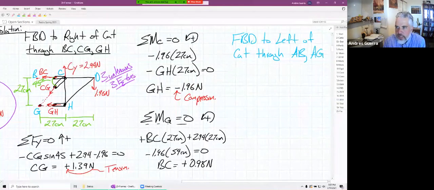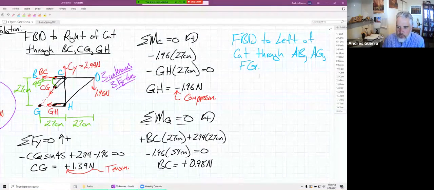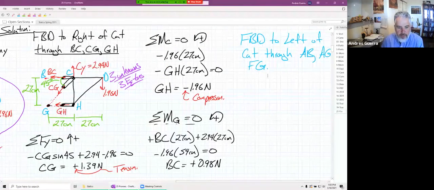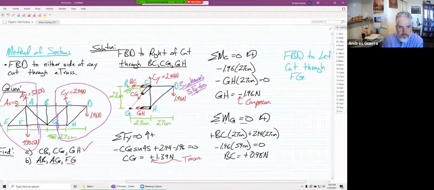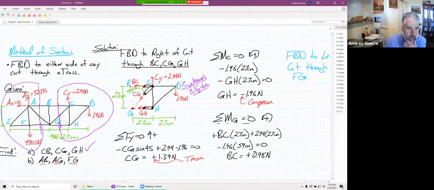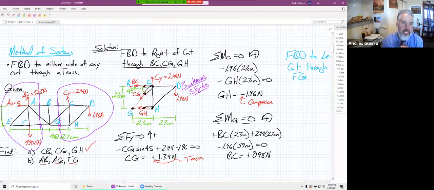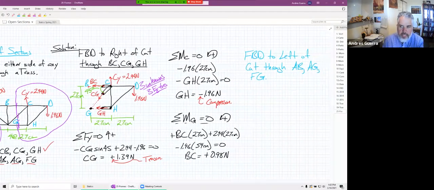Now, remember, when we're drawing those FBDs, if we look at the overall truss there, we're cutting through those, but that's the only thing that we're cutting through. And then whatever other forces show up in that purple loop that we've created are the only other things that are going to show up in that FBD.